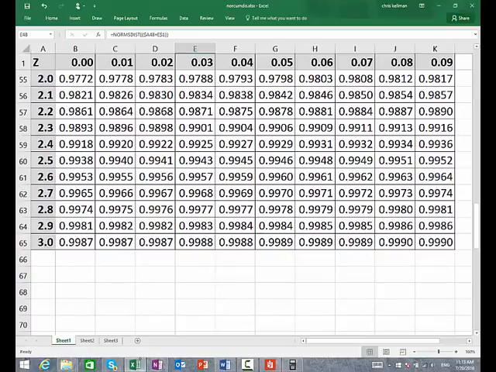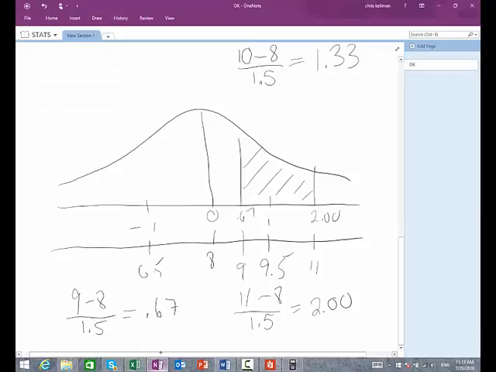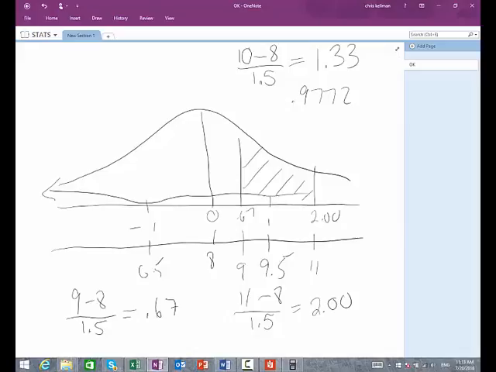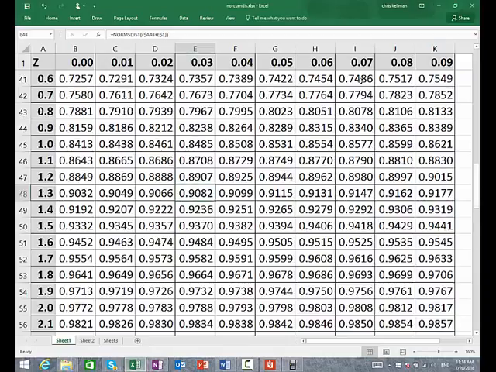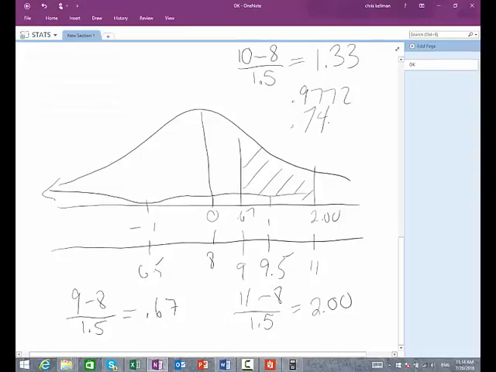So I'm going to write that down. 0.9772 is this entire area to the left of 2. Now let's look up 0.67. And 0.67 is there, it's 0.7486. And that's the area to the left of 0.67.